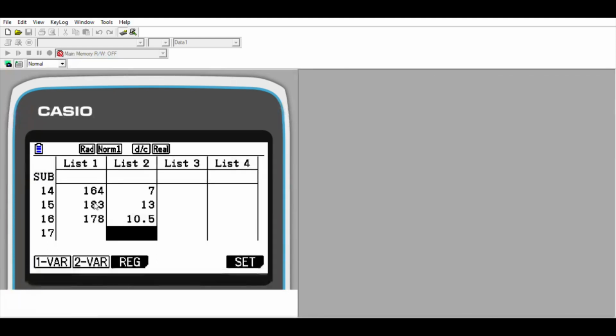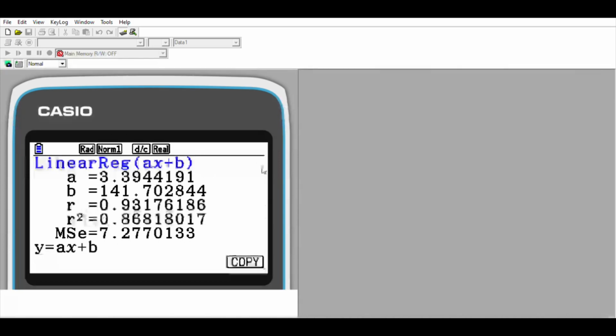So we follow the same steps. We go to reg F3, then x, and finally we click on ax plus b, and you see that we're getting a different equation here, which I'm going to write now in the electronic assignment.